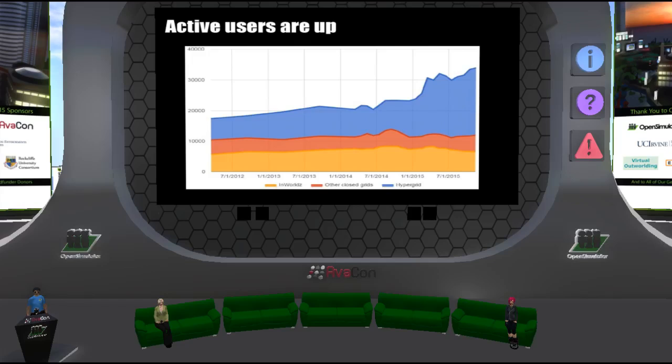The hypergrid is, for me, what the metaverse is about, although I agree that there's value to closed grids as well.